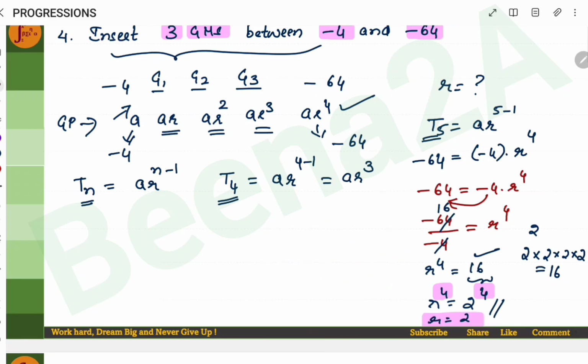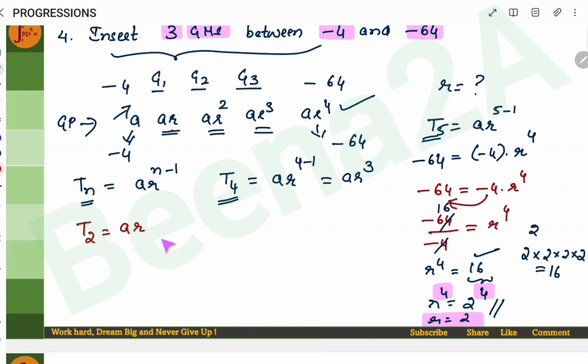Common ratio is 2. Now using the common ratio and using this value of A, you can find all other terms. Let's find second term. What is second term here? A into R. Either you can remember this series, or you can use this term formula and you will get the same terms, right?